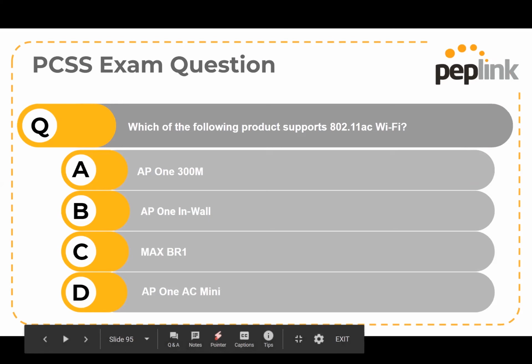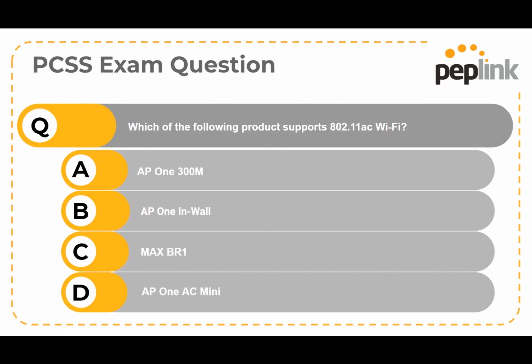So key in your answers into chat. I'll give you 3 seconds. 3, 2, and 1. Let's check the answer. It's actually AP1 AC Mini. So for all of you who selected D only, great job.